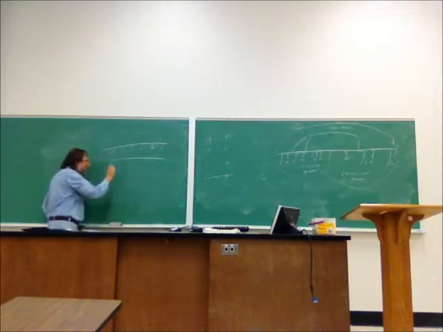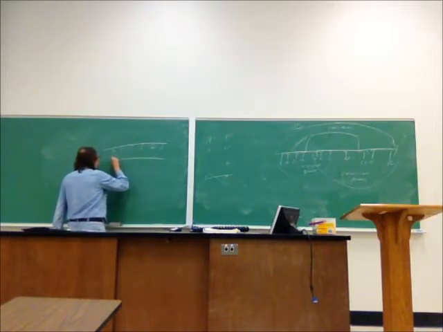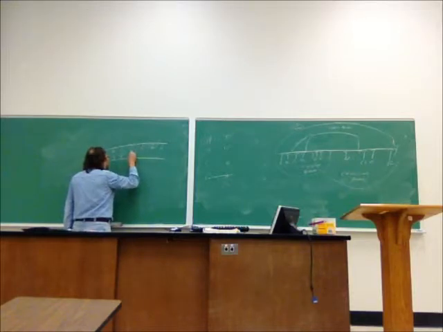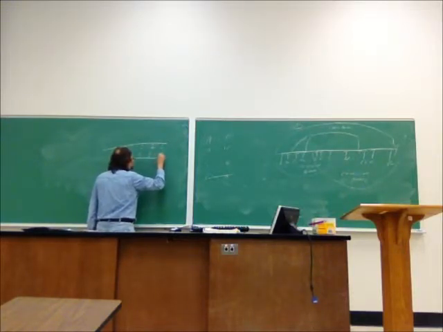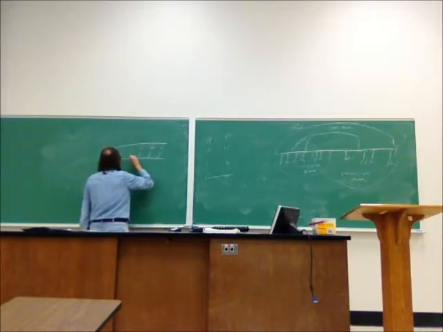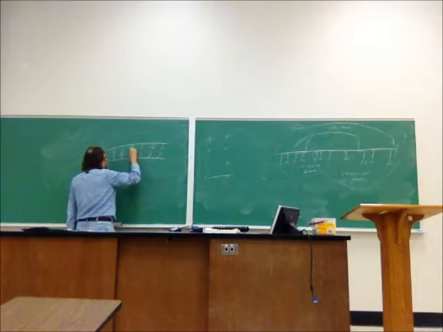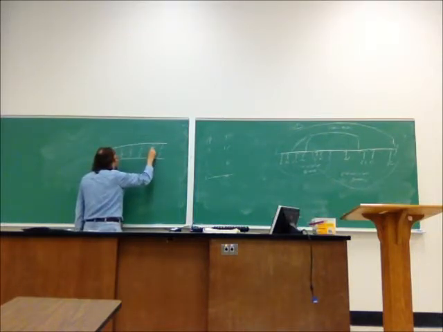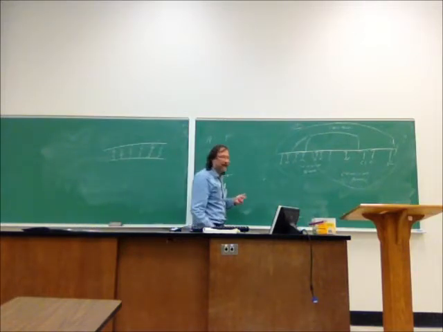Now, the second strand of DNA sticks together because it has a sequence of bases that can form hydrogen bonds with the first one. So we get hydrogen bonds forming here, here, here, here, and so on. And that holds the strands of DNA together.